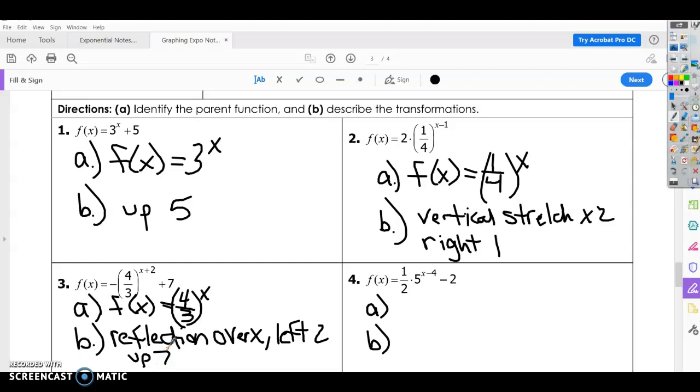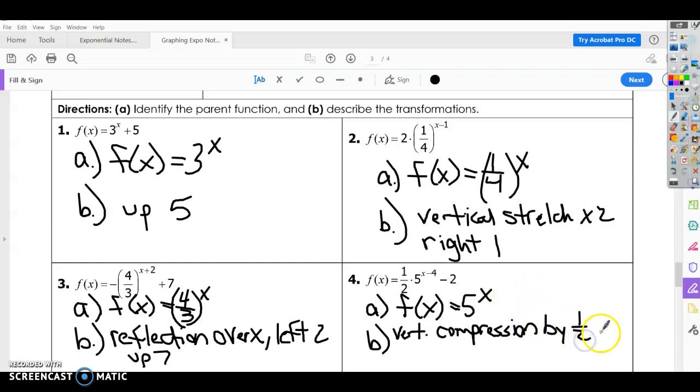All right, last one, the parent function, 1/2 is our a, so 5 to the x power. Our parent function is f of x equals 5 to the x power. And then we have a compression. So this is a vertical compression, 1/2.